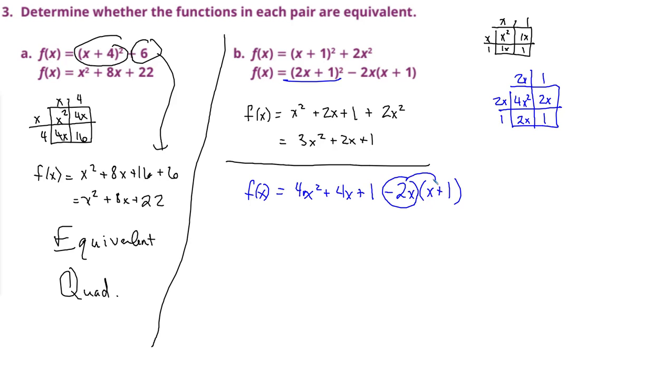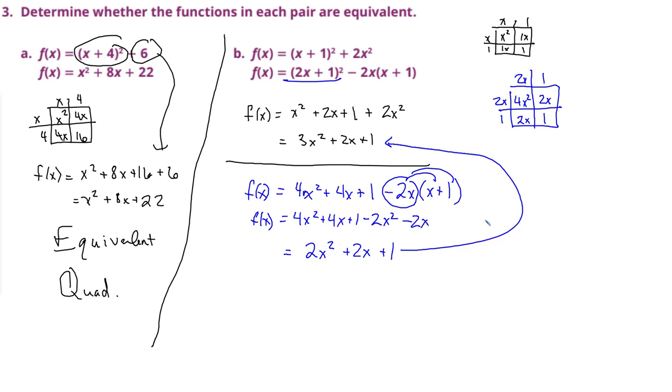So in this one, I need to take that negative 2x through to both pieces. Negative 2x times x gives me negative 2x squared. Negative 2x times 1 gives me a negative 2x. And when I combine like terms, I end up with 2x squared plus 2x plus 1. And these are not equivalent.